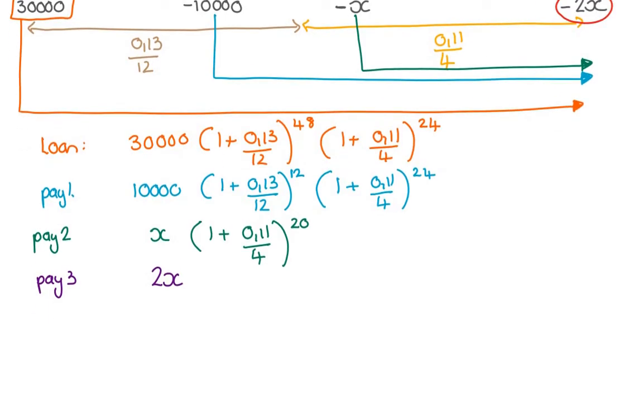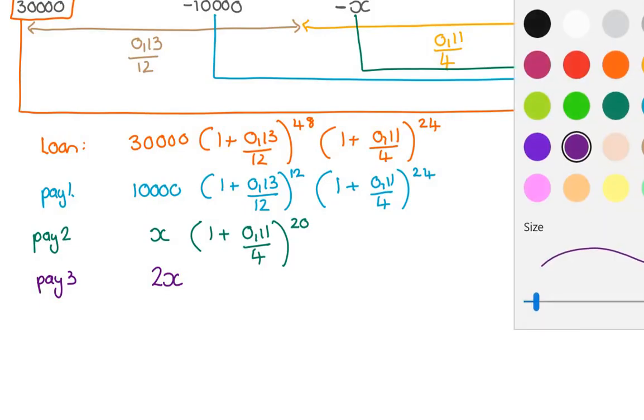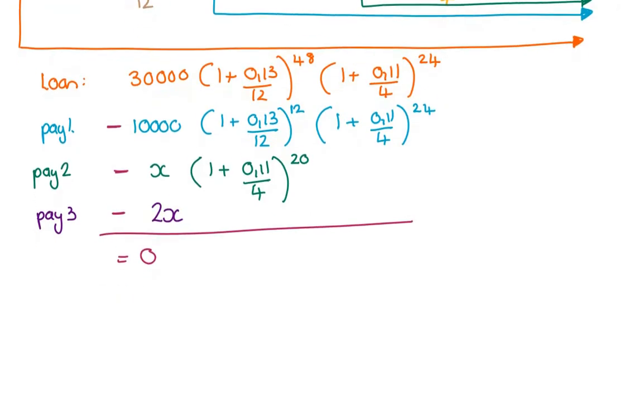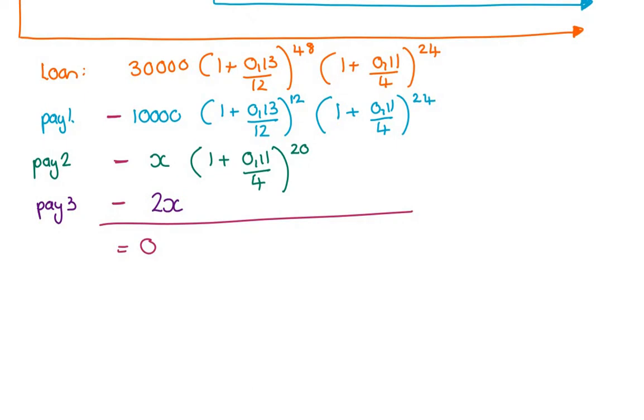Now my argument is, if I take my loan and I subtract payment number 1 and I subtract payment number 2 and then I subtract payment number 3, I think my balance should be 0, because then I've paid off my loan. So I can actually make this an equation. Now if I look at these two are numbers, which means I can actually work out what that is as a number. These two have x's in them.